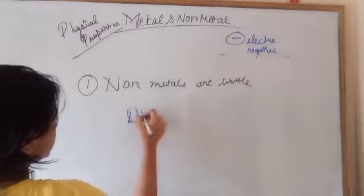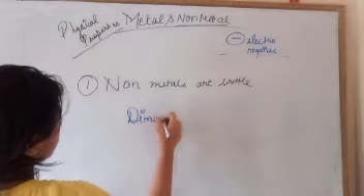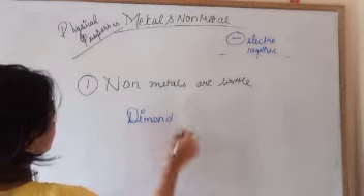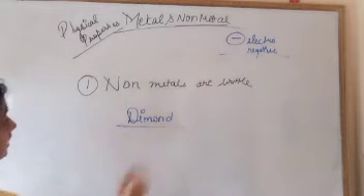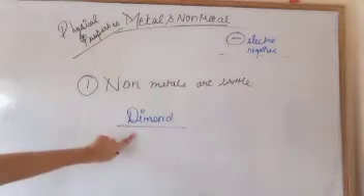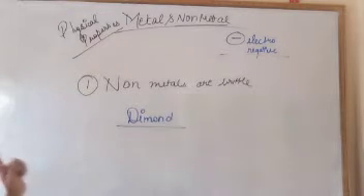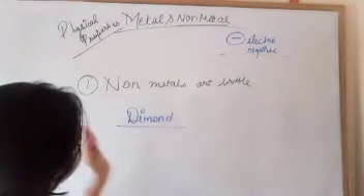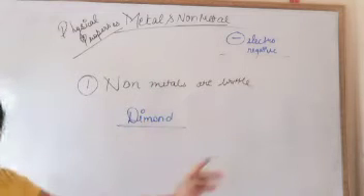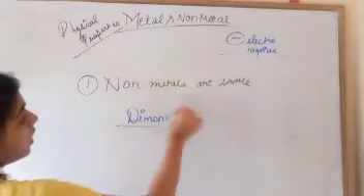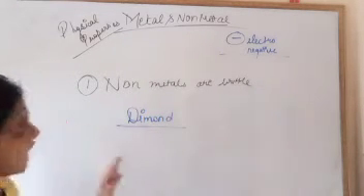Diamond. This is the hardest substance known to us. Diamond is considered a non-metal, yet it is not brittle, it is hard.